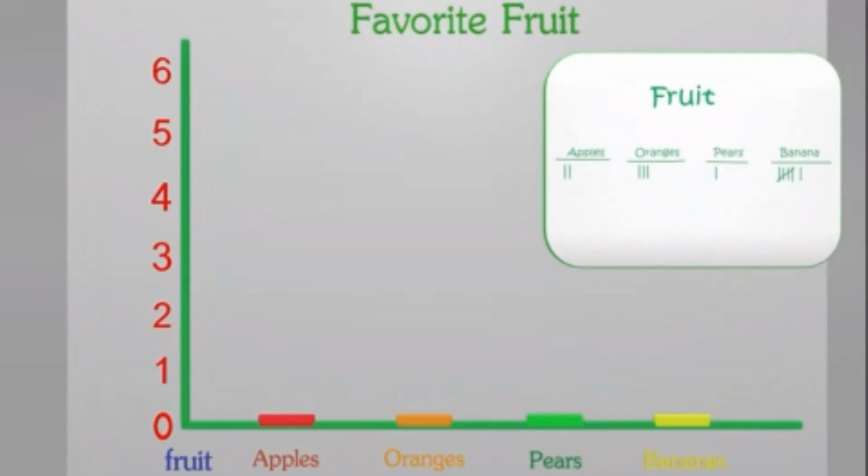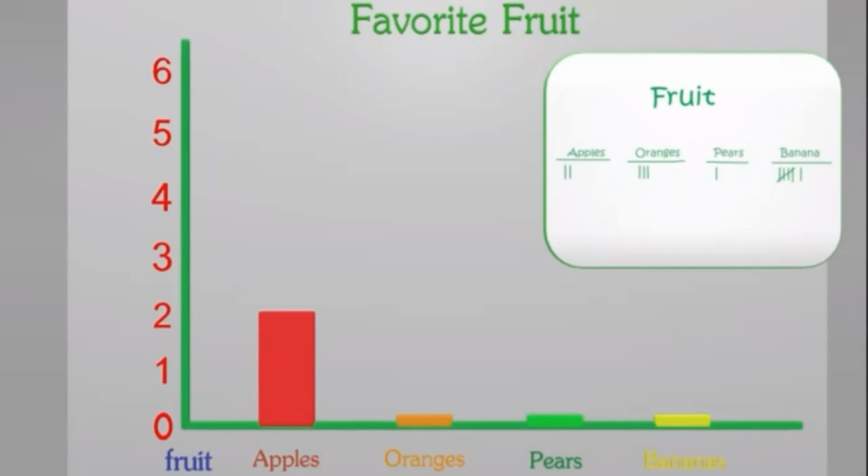First in our data are the apples. We can see from the tally marks that 2 of my friends liked apples. So here on the graph, we will have this bar at the bottom go up 2 spots to show that 2 people liked apples. Okay, next we have oranges. How many people liked oranges?